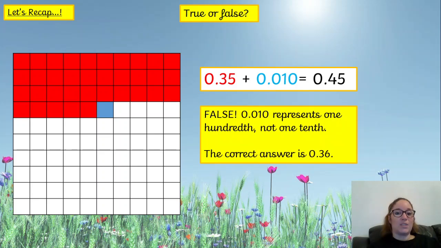Okay, this one's a little bit more difficult because 0.010 represents 1/100th, because we've got our ones, our tenths, our hundredths, and thousandths. If it represented a tenth, if it was 0.10, it would be 0.45. So the answer is false.